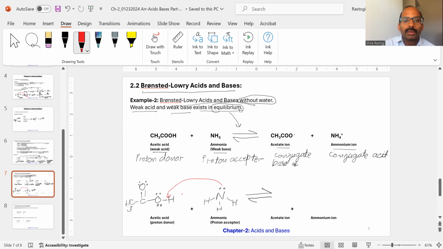Actually, I have to write here that it is given to the proton. And then this bond, or electron pair, goes back to the oxygen.